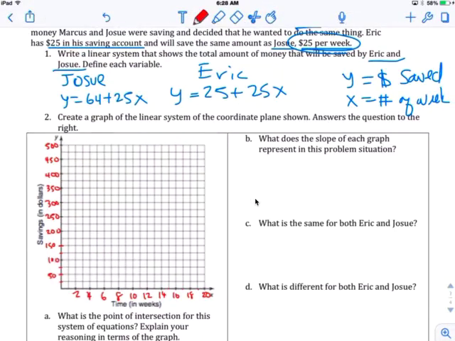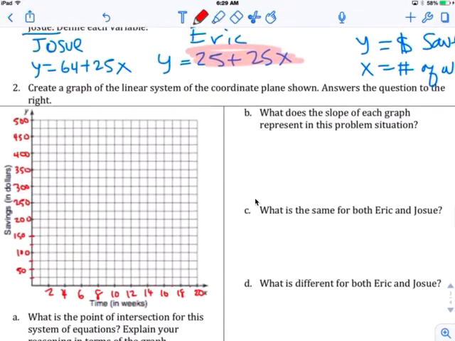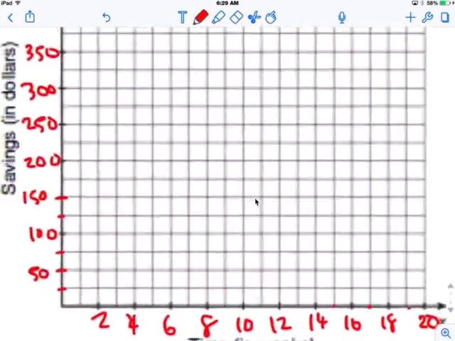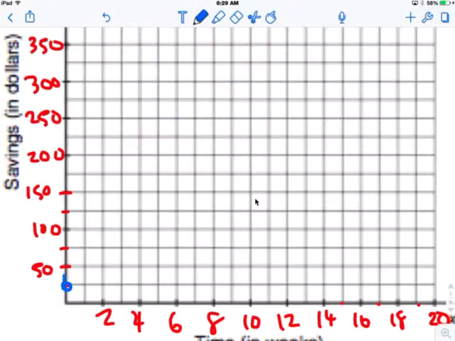Well, Eric is easy to grab. Start at 25 and go 25 over 1. It's already an increase of 25 for each one. So Eric's easy.